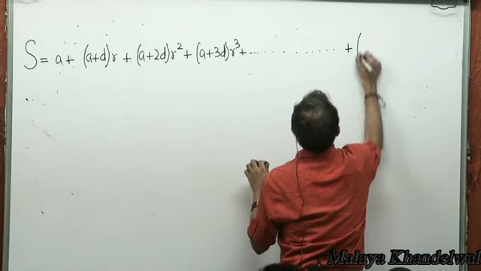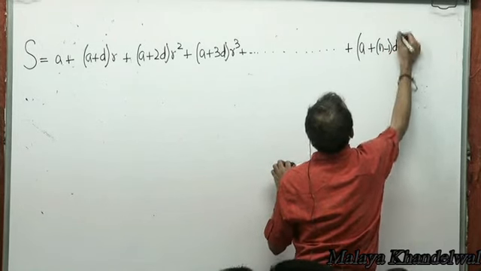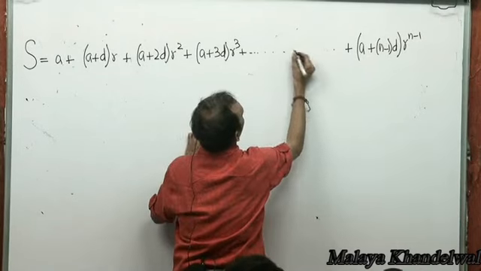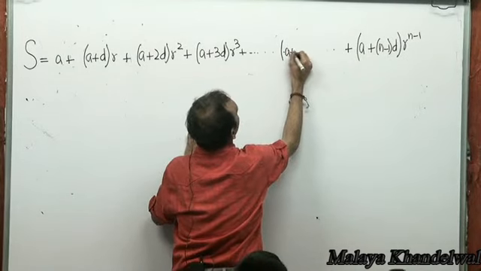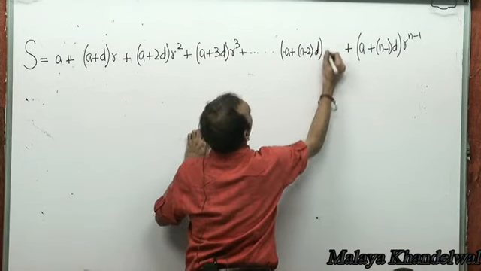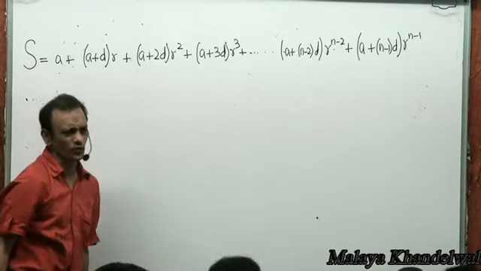We have A plus n minus 1 into D into R to power n minus 1. The term prior to this would have been A plus n minus 2 into D, R to power n minus 2, yes or no?